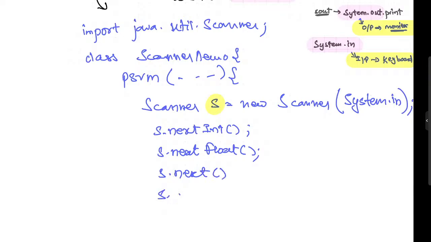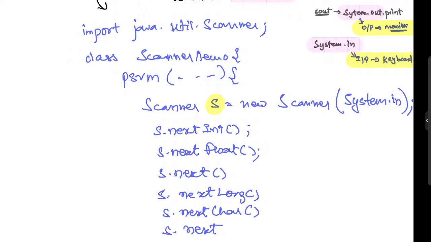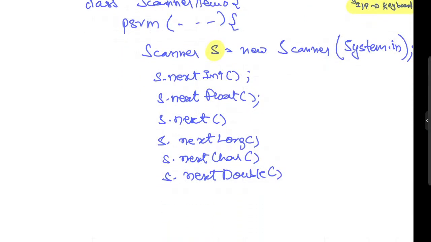We can use s dot nextLong function. We can use s dot nextChar function. We can also use s dot nextDouble function, right? We can use many more, but each of them has a very specific functionality.